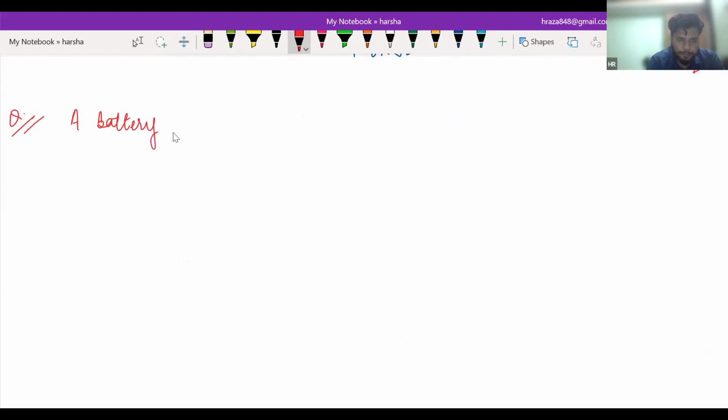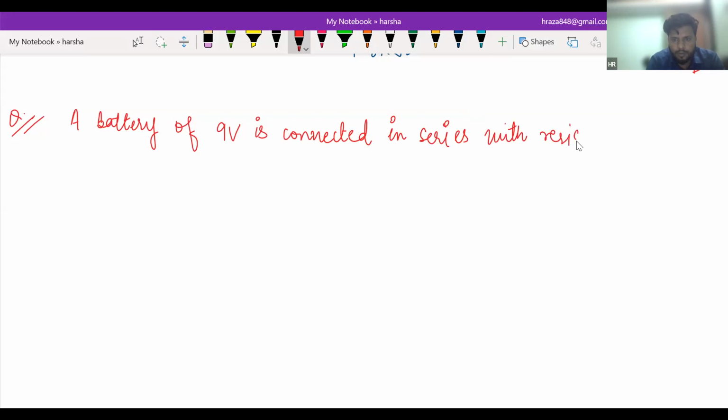A battery of 9 volt, please write with me, is connected in series with resistors of 0.2 ohm, 0.3 ohm, 0.4 ohm, 0.5 ohm, and 12 ohm.